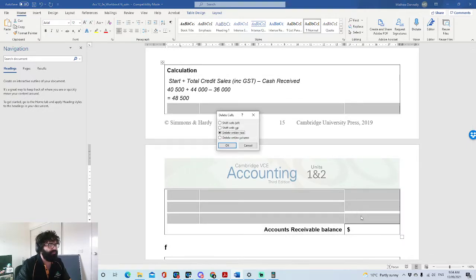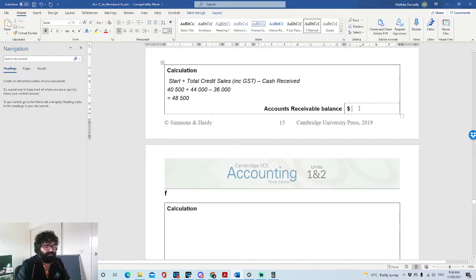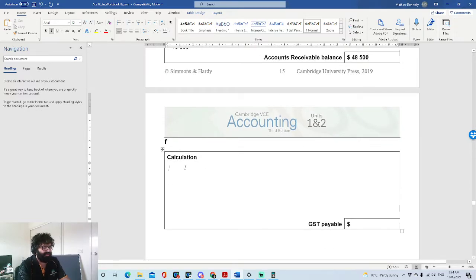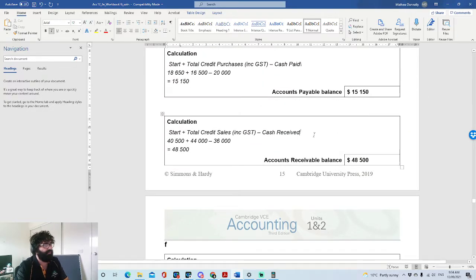Let's remove all this, and then we go 48500. Now GST is a bit different. Now there's no GST settlement, so this is a pretty straightforward one. There is sales returns we do need to be aware of. Oh, actually, minus sales returns inc. GST. There is some sales returns.